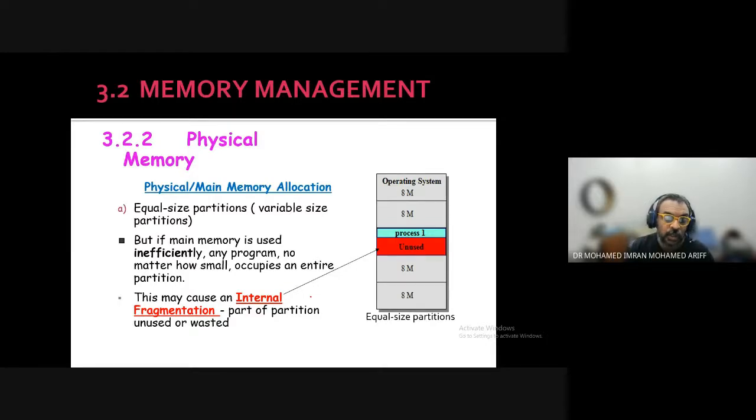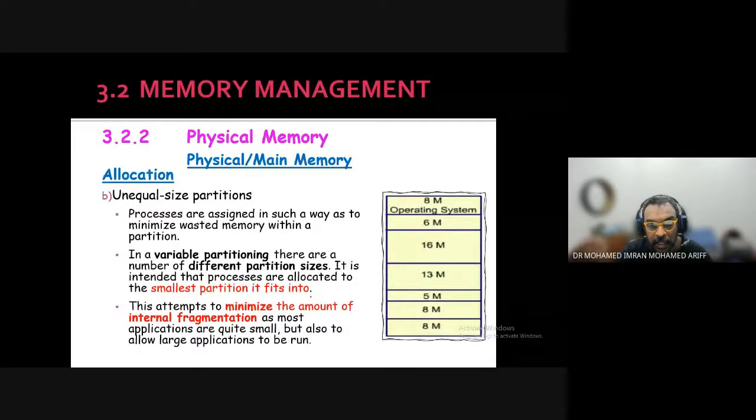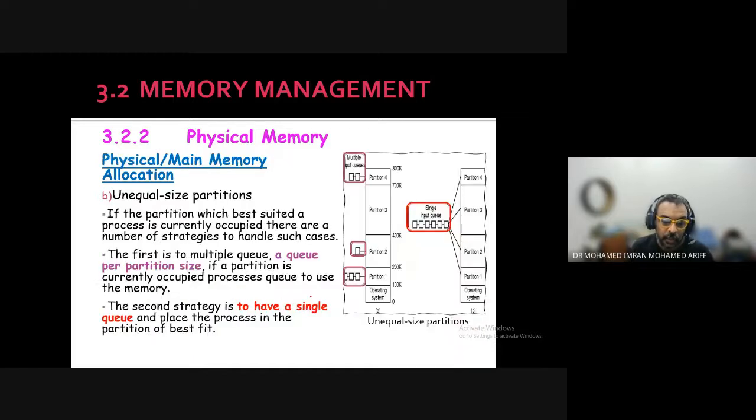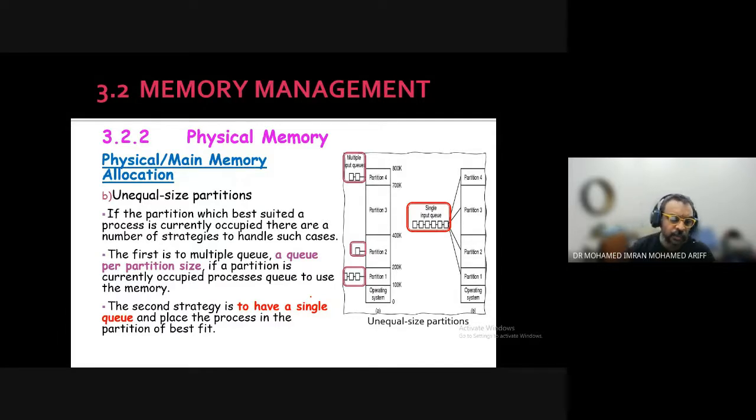It's an unused wasted size partition. Okay, and then like I explained to you, in an unequal size partition, all the process will go in according to the size that it requested. And you can also have a queue lah, the queues pula.